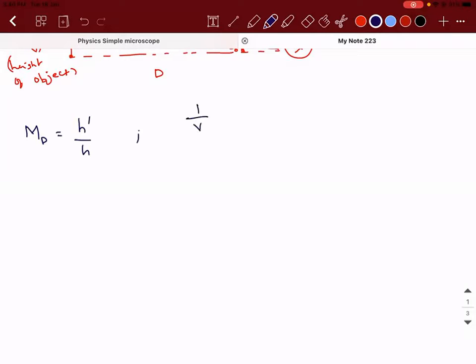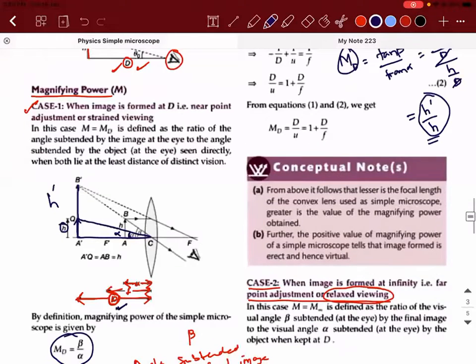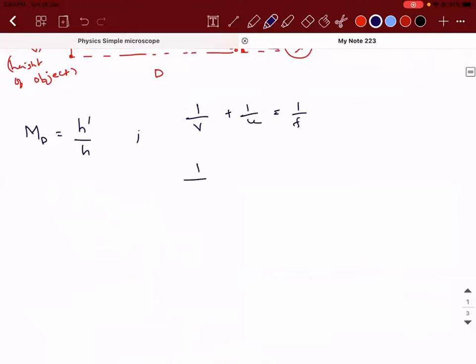And we know this fact, 1 by V plus 1 by U is equal to 1 by F. It's the lens formula. So 1 divided by, where is the final image formed in this case? It is at the least distance of distinct vision, 1 divided by minus D plus 1 divided by, where is the object placed?